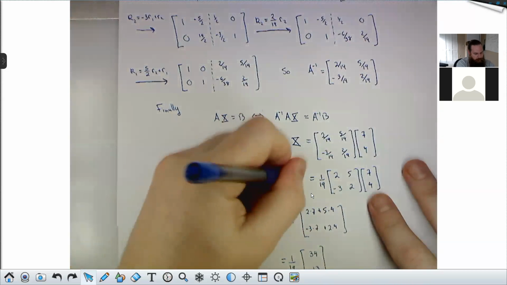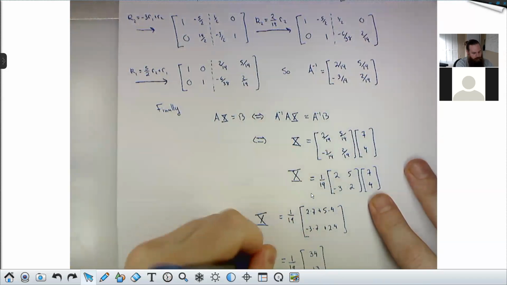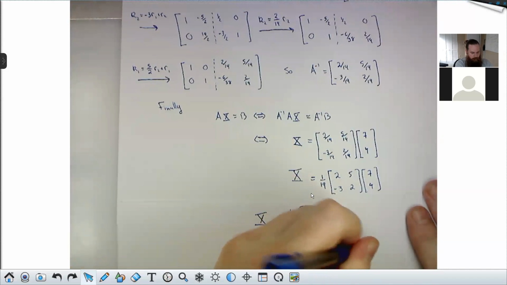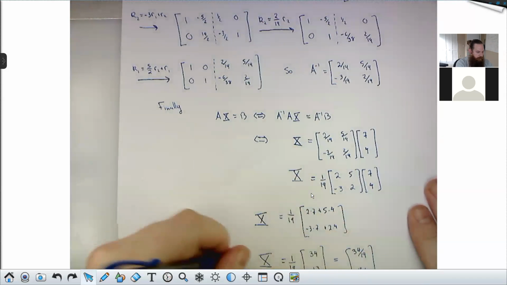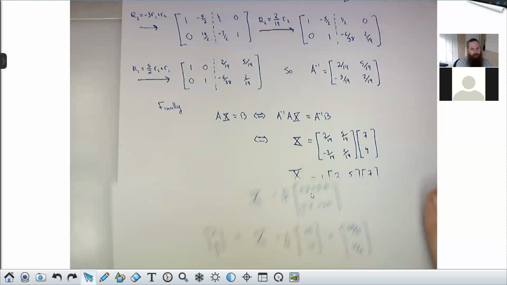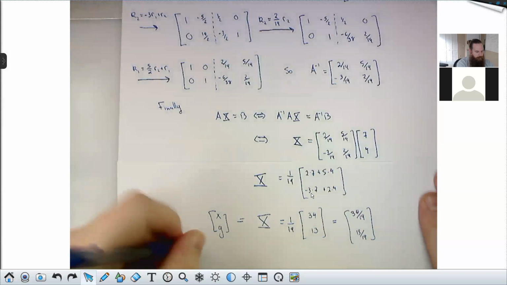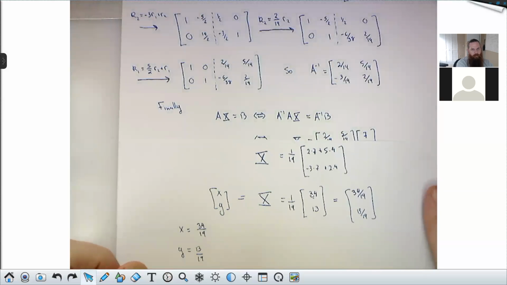So the matrix X, which is our matrix of solutions, is 34/19 and 13/19. And remember what this was. This is little x, little y. So little x is 34/19 and little y is 13/19. Those are the solutions to this system.